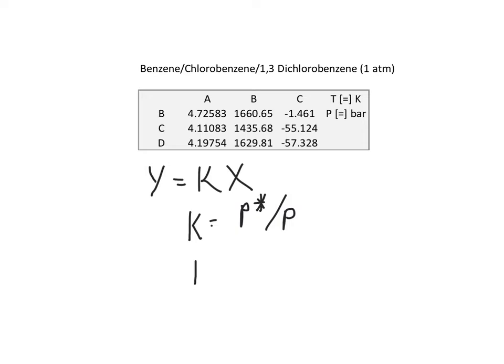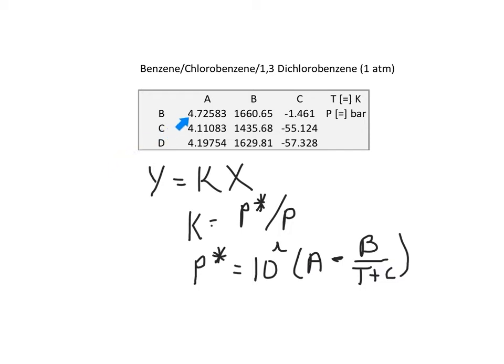And the vapor pressure is found from Antoine's equation, and it looks like this: 10 to the A minus B over T plus C. And those three constants are shown here on this table: A, B, and C for benzene, chlorobenzene, and dichlorobenzene.